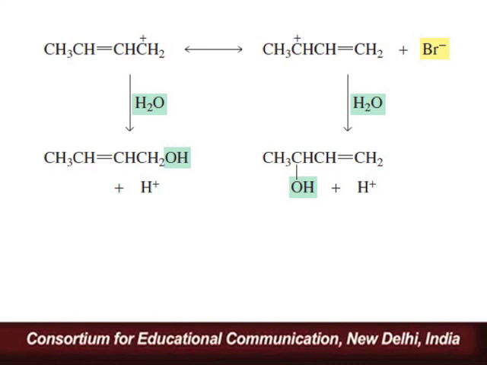When primary carbocation reacts with water, it gives us but-2-en-1-ol. That is a primary allylic alcohol. Whereas when a secondary allylic carbocation reacts with water, it gives but-3-en-2-ol.